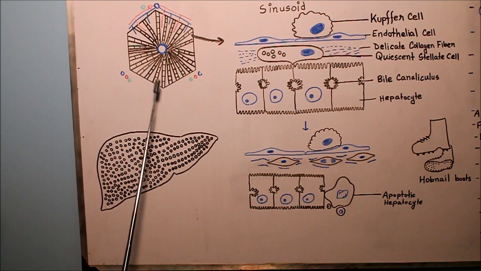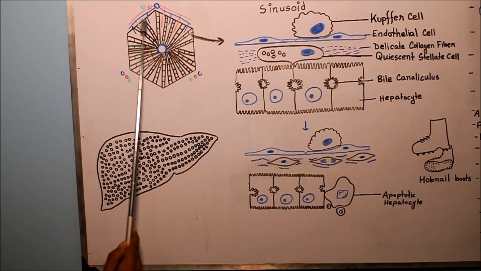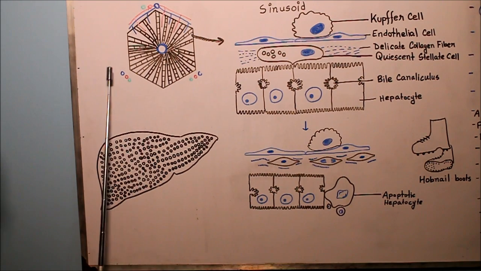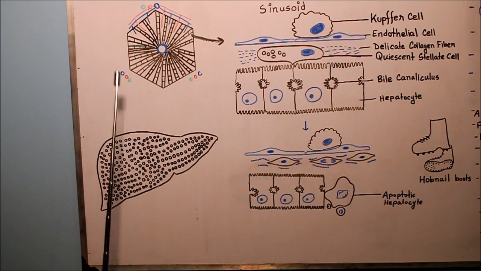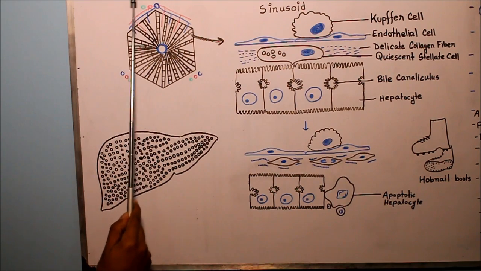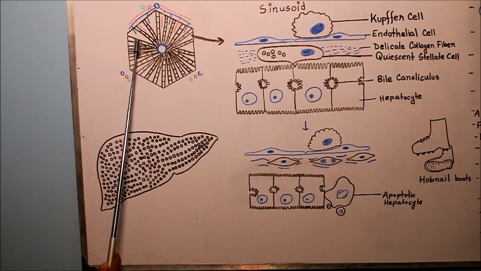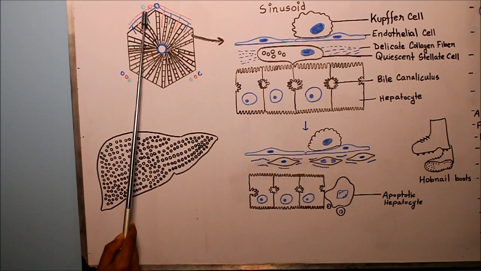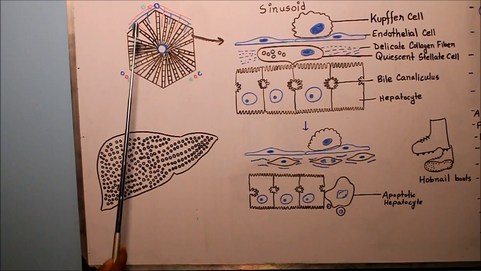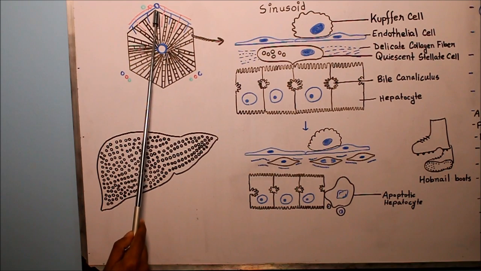We can also see that in the periphery of a hepatic lobule, there are portal tracts. So here is one portal tract, here is another portal tract, and we can also see another one here. And the examiners are very fond of asking about the components of each portal tract. Always remember, each portal tract will contain hepatic artery that I have drawn in red color. So this is the hepatic artery. It will also contain the hepatic portal vein that I have drawn in blue color.